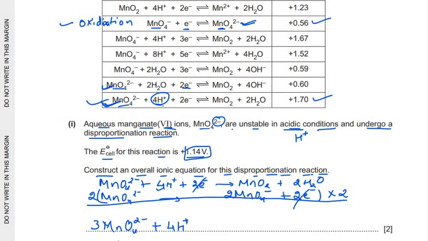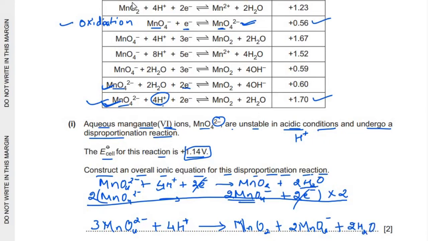The electrons got cancelled off, so the remaining part is MnO2 plus 2 MnO4-, and then we are again left with 2H2O, that is 2 water molecules, so that also we'll write.